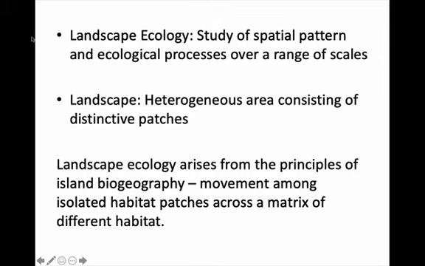So landscape ecology could not have existed before we thought of the theory of island biogeography, because landscape ecology is part and parcel the study of movement among isolated habitat patches. And although the islands that we're talking about are habitat islands rather than oceanic islands, and they're not embedded in the ocean, they're embedded in a matrix of different habitat, the principles are exactly the same as we've previously mentioned.